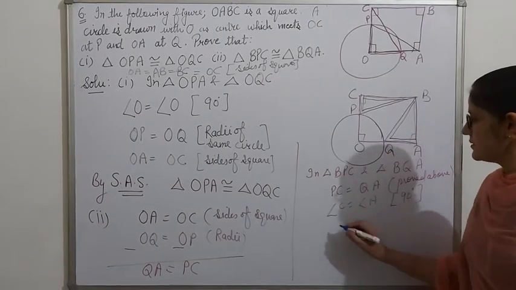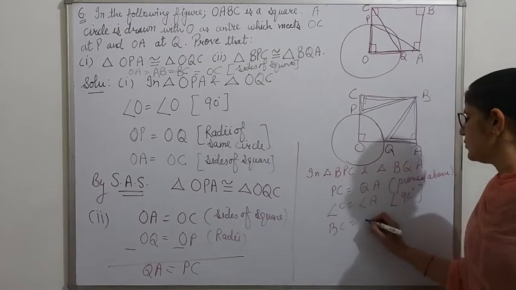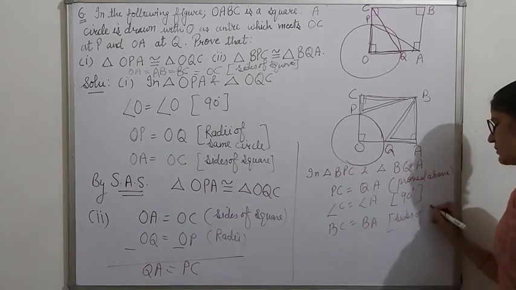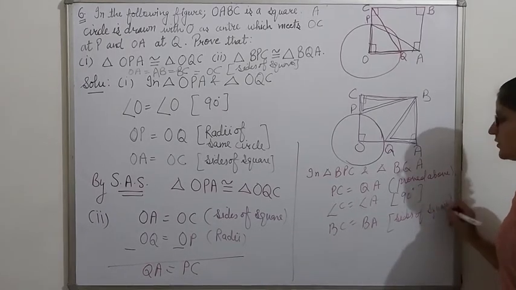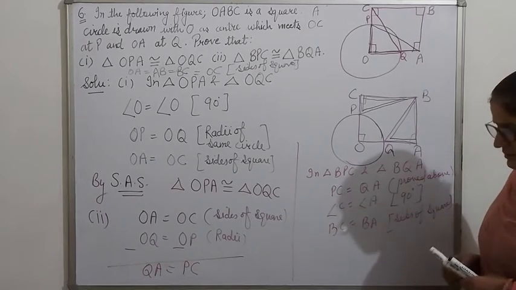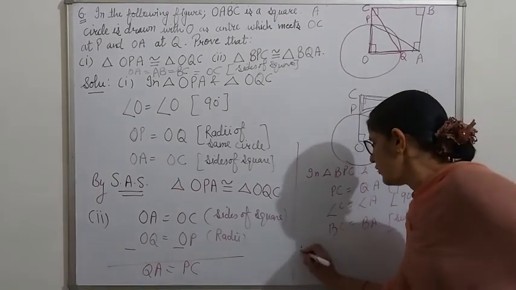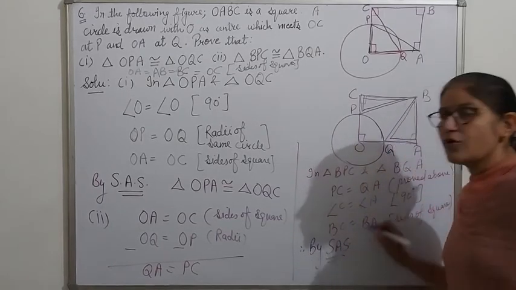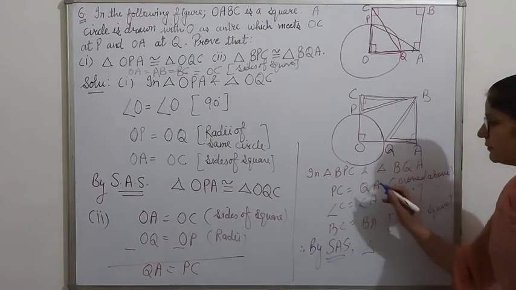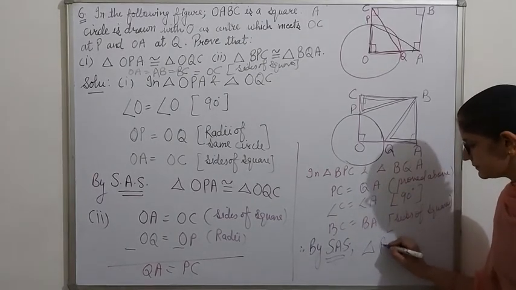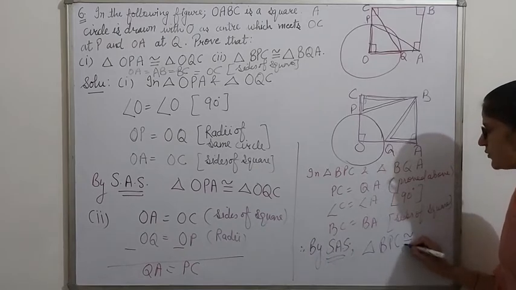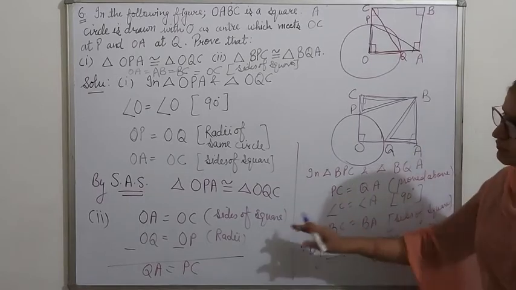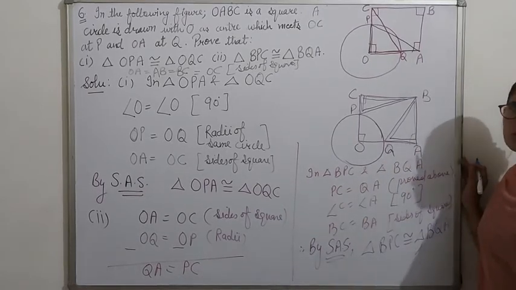The third one is BC is equal to BA, sides of square. So which property? The same, side angle side. Therefore, by side angle side condition of congruency, triangle BPC is congruent to triangle BQA, and like this you can prove both the parts, and this is the solution.